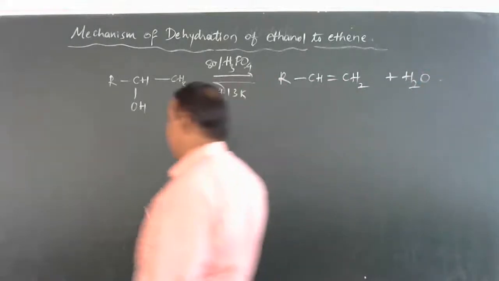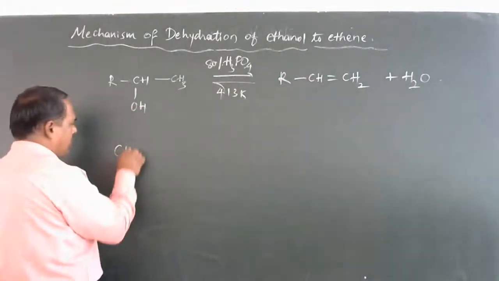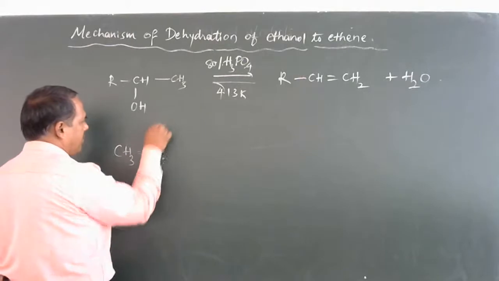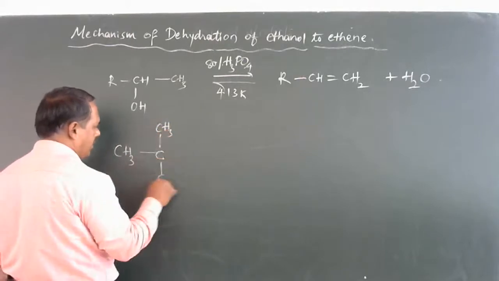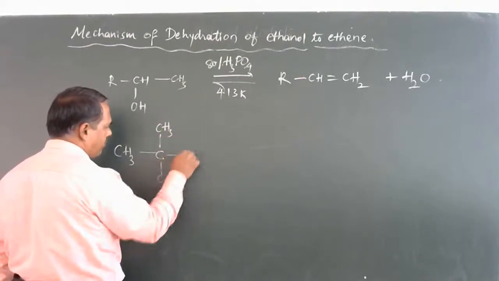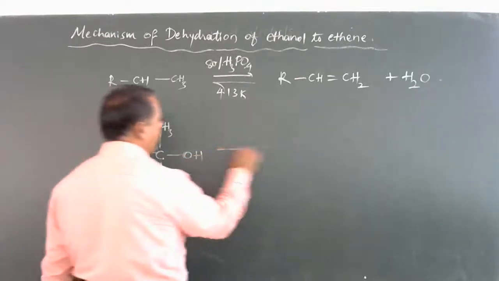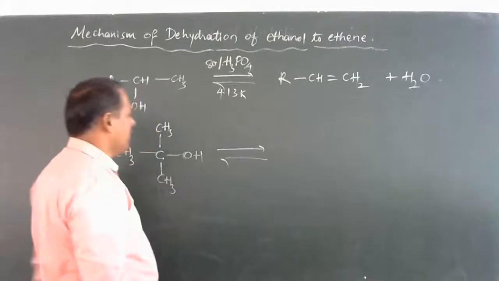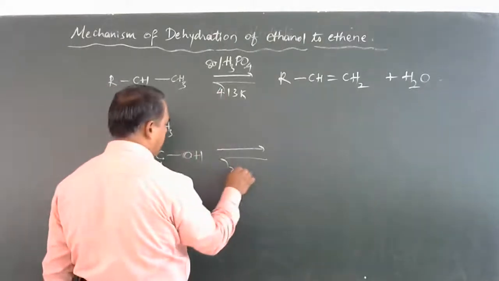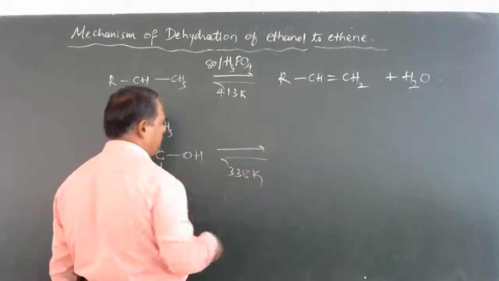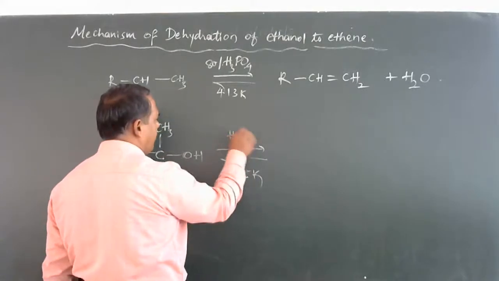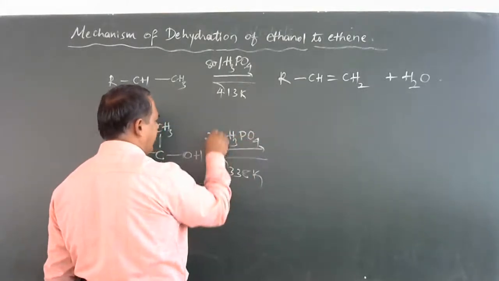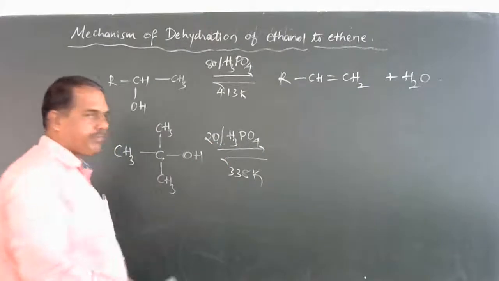Even the tertiary butyl alcohol, CH3, CH3, again CH3 C OH, can dehydrate in a still milder condition. So less temperature, nearly about 338 Kelvin, and H3PO4 just about 20%.